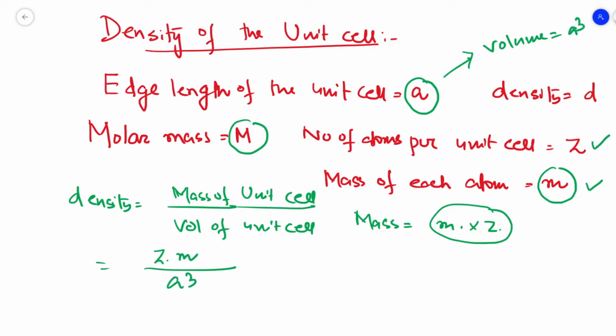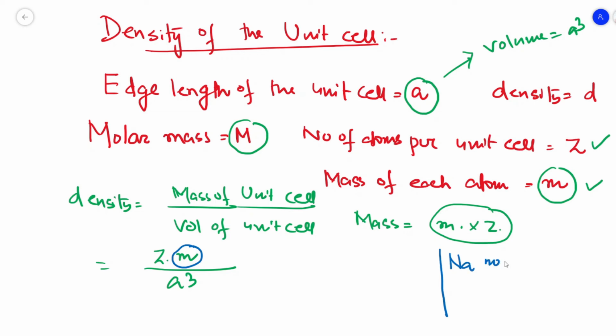Now what we have to do? Here this mass of each atom is to be converted into molar mass. We know within the molar mass there is Avogadro number of atoms, denoted by Na.